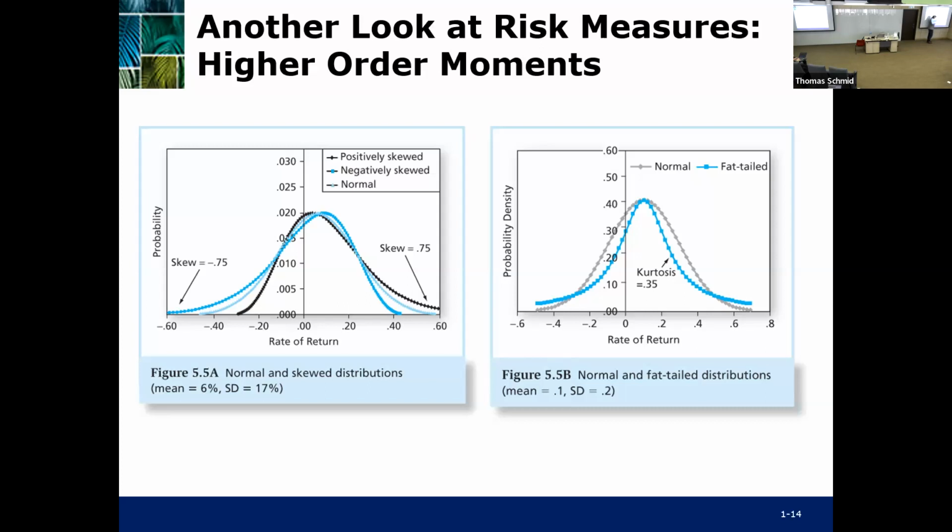Okay? This is not only true for extreme negative events, but also for extreme positive events. So fat-tailed distributions simply have more extreme positive and extreme negative events. So, skewness, kurtosis, asymmetry, fat-tailed.